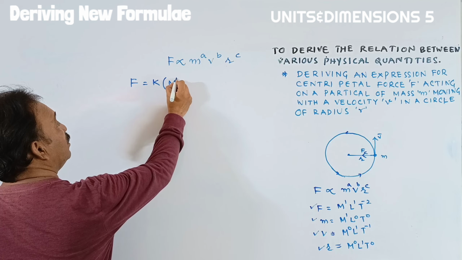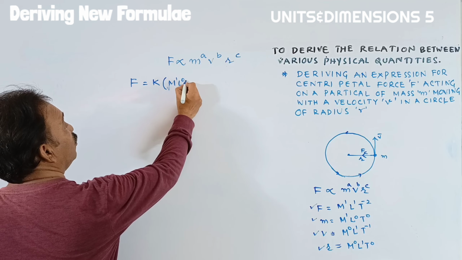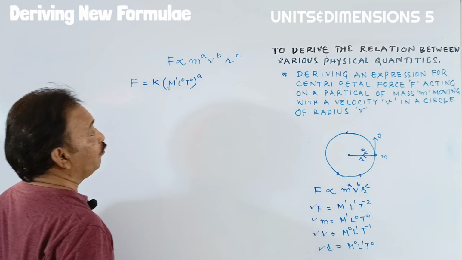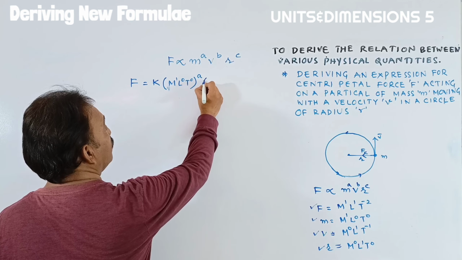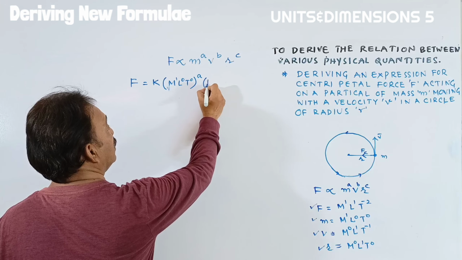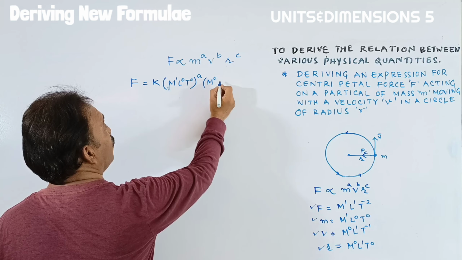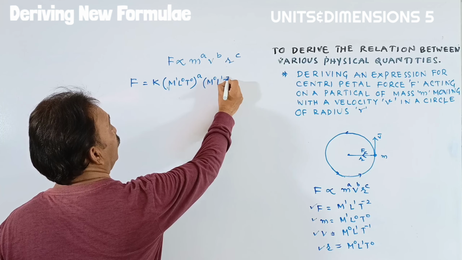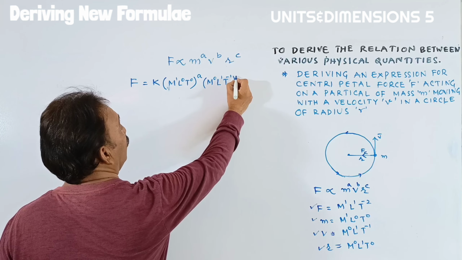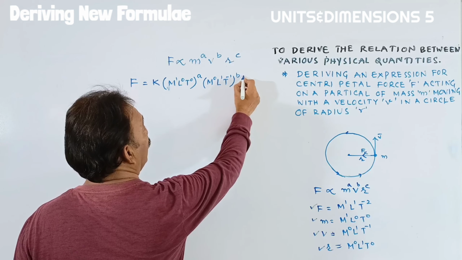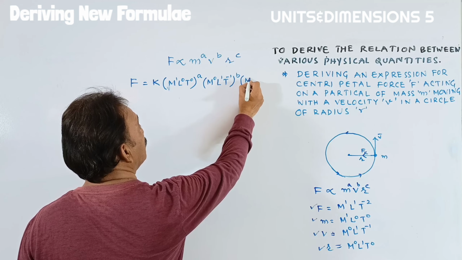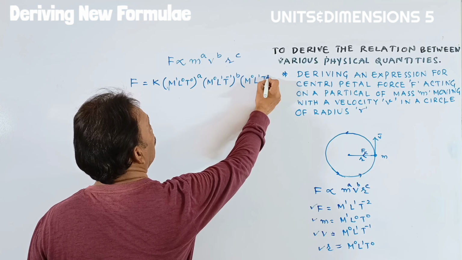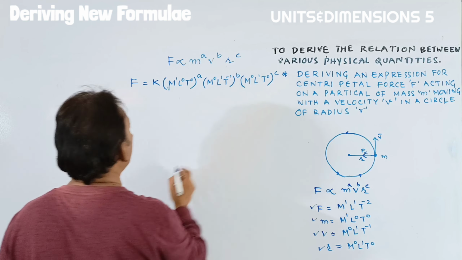It is M1 L0 T0 to the power of a. And for velocity, it is M0 L1 T to the power of minus 1, whole to the power of b. For the radius, it is the length, students, M0 L1 T0 to the power of c.